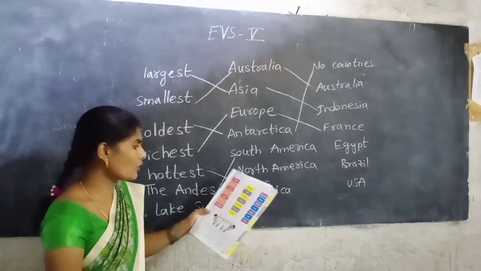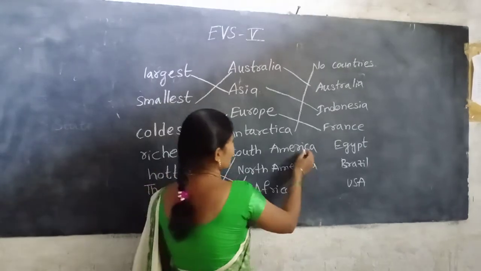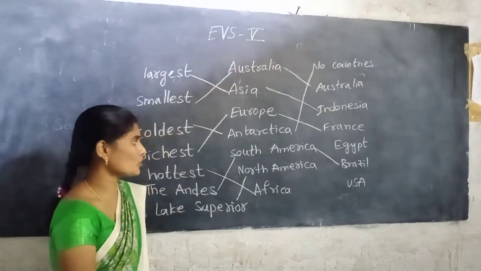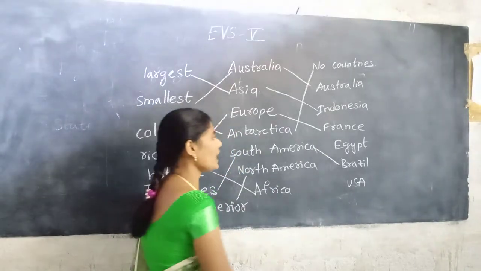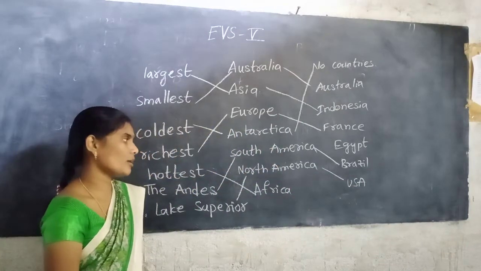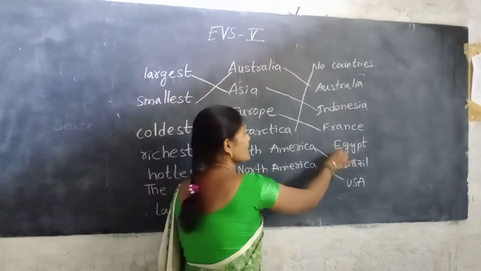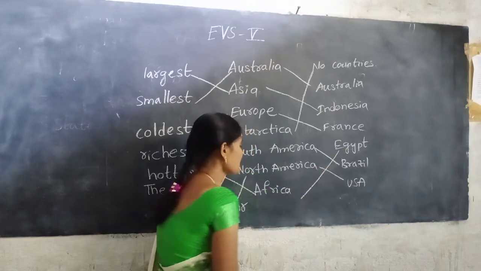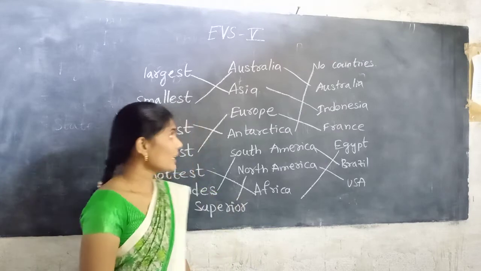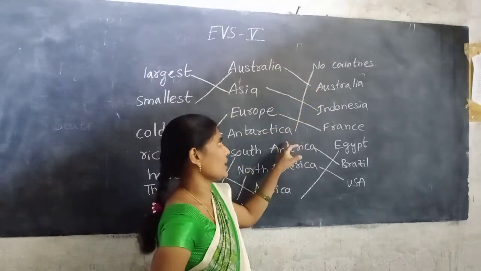Next, South America, Brazil. Brazil is one of the countries in South America. North America, USA. USA is one of the countries in North America. Africa, Egypt. Egypt is one of the countries in Africa. No countries in Antarctica.